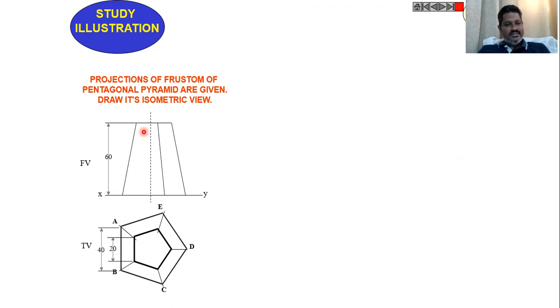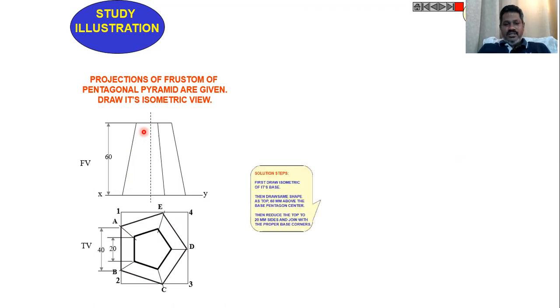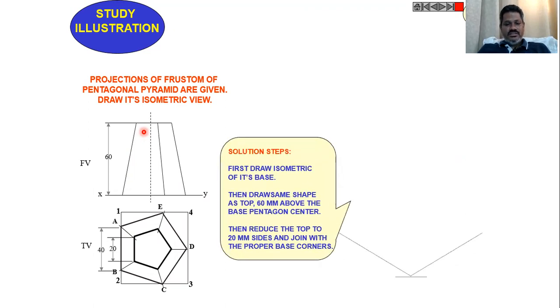To draw these projections of the pentagonal pyramid, draw a rhombus with the dimensions of the pentagon. As you can see here, everything is given, and the naming conventions are also given: 1, 2, 3, 4.